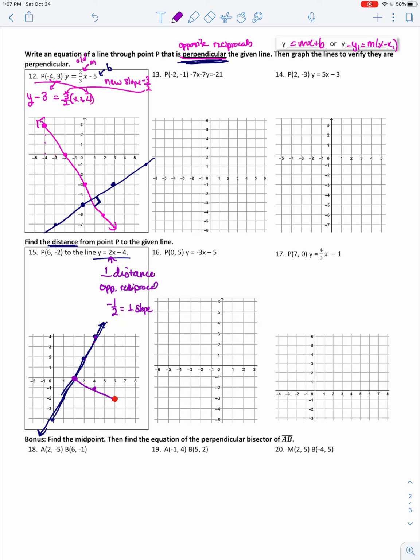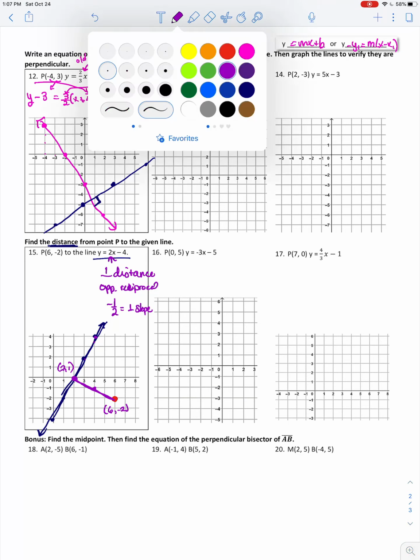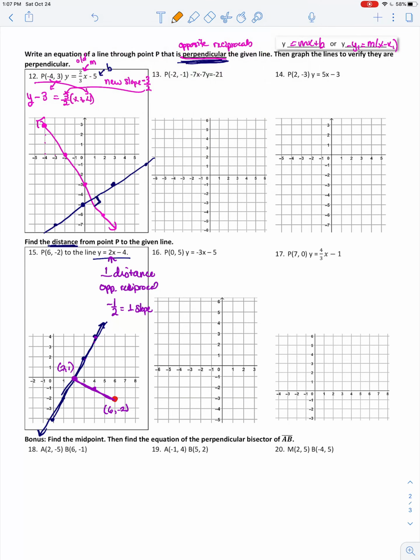And so we want to know how far is it from our red dot, which was 6, -2, to our line, and our perpendicular distance to that line will intersect at the point 2, 1. So you can use the distance formula, or you can ask yourself, how far horizontally are we?